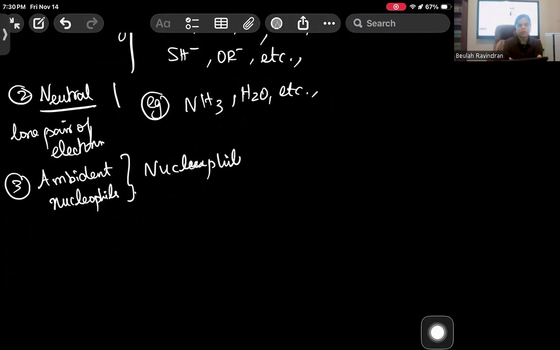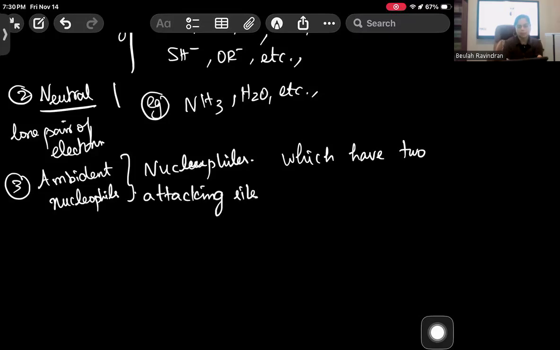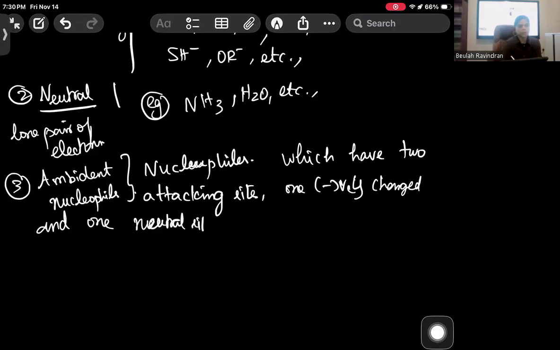In simple terms, nucleophiles which have two attacking sites, one negatively charged and one neutral, are all known as ambident nucleophiles. Got it? I will give you an example.